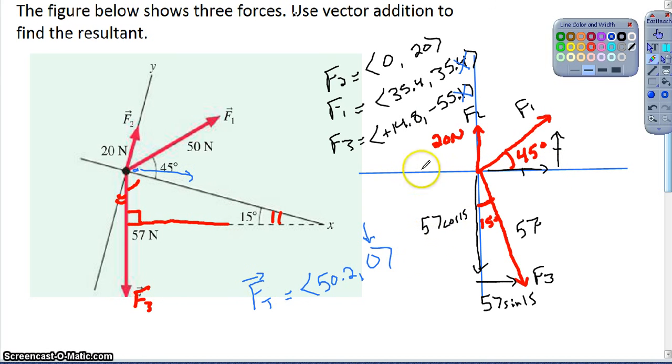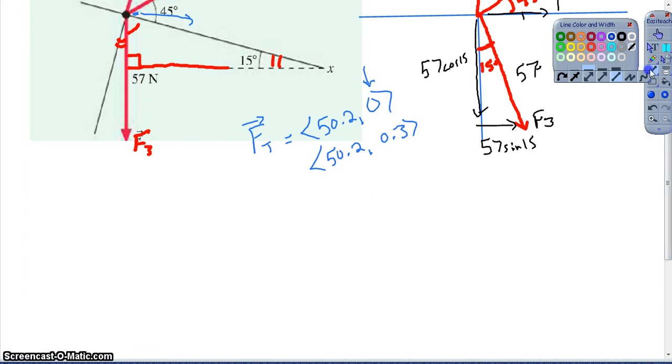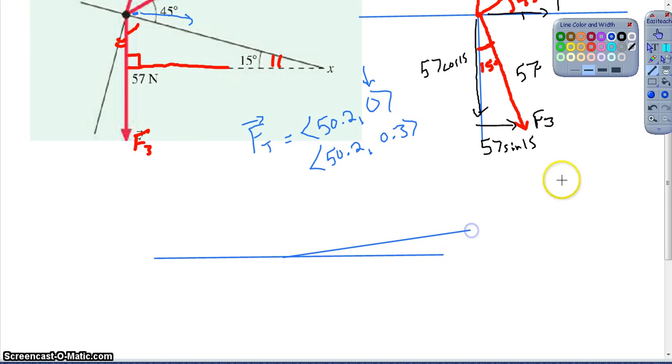Now if you wanted to include this, if you did actually leave the decimals in there, you would get something like 50.2, 0.3, and then obviously from that you could build your right triangle and go from there.